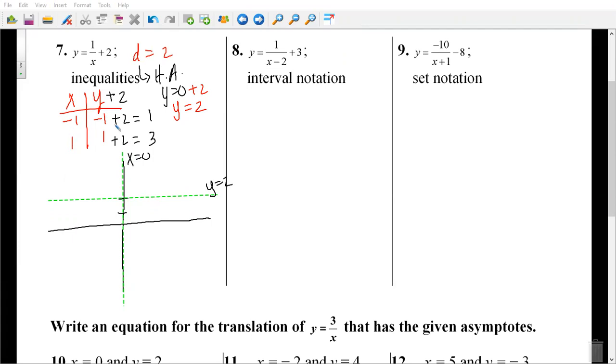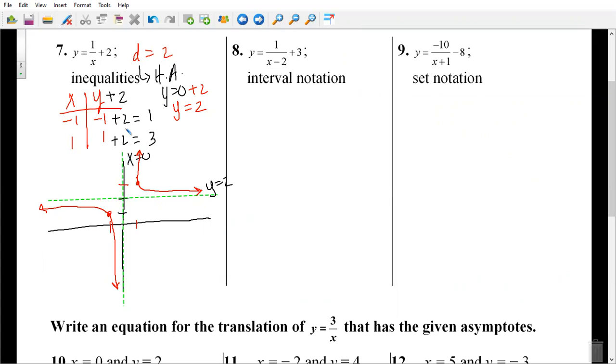And our points were at -1, 1 and we're at 1, 3. So sketching it following our asymptotes. And there it is.